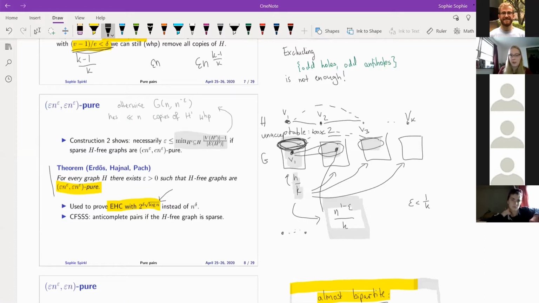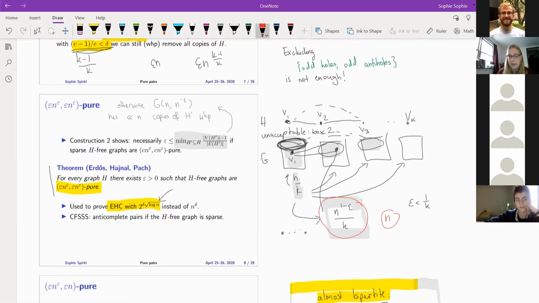And so now we're going to find a pure pair. The way to find a pure pair in this case is just saying these guys in this circle on top were all unacceptable because of box 2, which means each of them had less than n to the 1 minus epsilon over k neighbors in box 2. But right now, box 2 has size n, and in general, we only want an n to the minus epsilon fraction of each of the boxes.